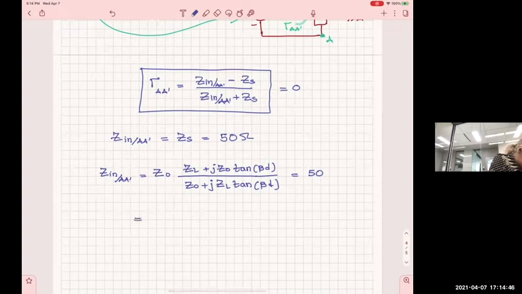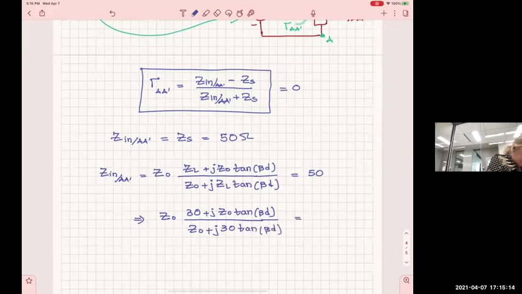So from here, we know that Z naught, which is unknown, times 30 plus j Z naught tangent beta D, and D is unknown, divided by Z naught plus j 30 tangent beta D, is to be equal to 50.